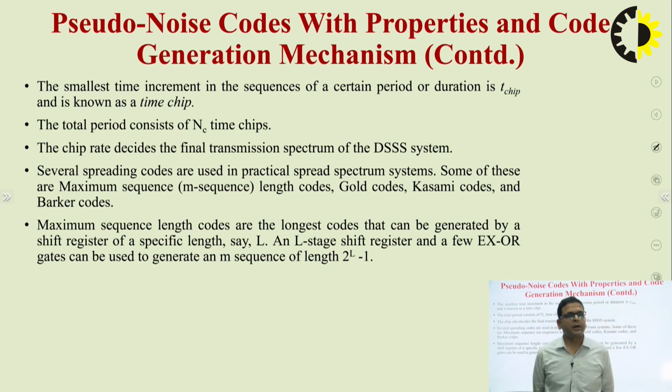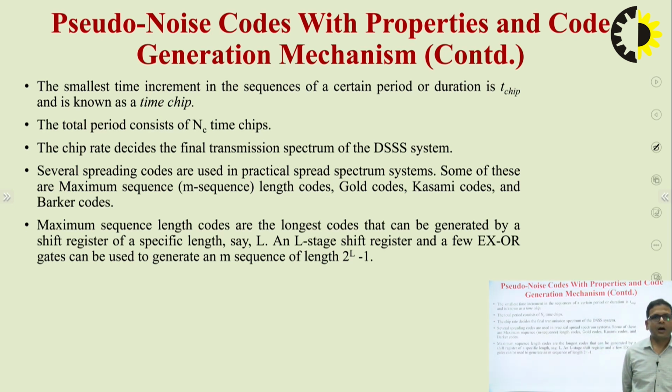Practically, there are several spreading codes which are used for spreading the spectrum. Some of them are maximum sequence length code, Gold code, Kasami code, and Barker code. Out of these codes, the maximum sequence length codes are popular, and are the longest codes that can be generated by a simple feedback shift register of a specific length.